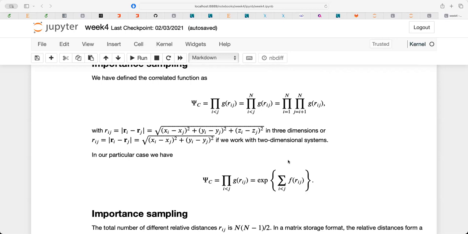Now, if you want to follow up project 1 with the implementation of a neural network, then it's going to be more interesting to use automatic differentiation to calculate the second and first derivatives. Because then you're going to have so many parameters, and the trial wave function is going to be a neural network, which means that you don't have a nice analytical expression for the trial wave function.